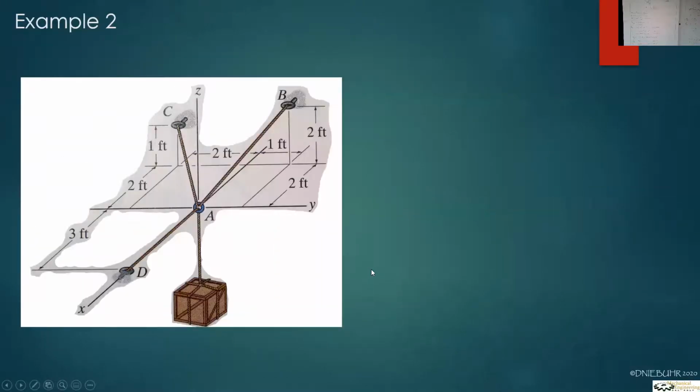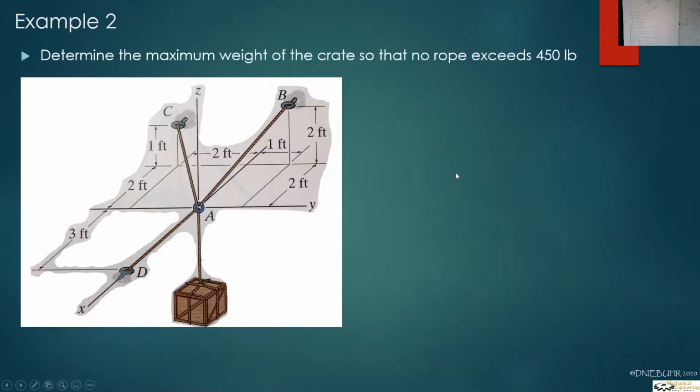Okay, now the two ideas at the end of the chapter that have had issues were the 3D equilibrium and the idea of the 3D projections. So this is a 3D equilibrium.